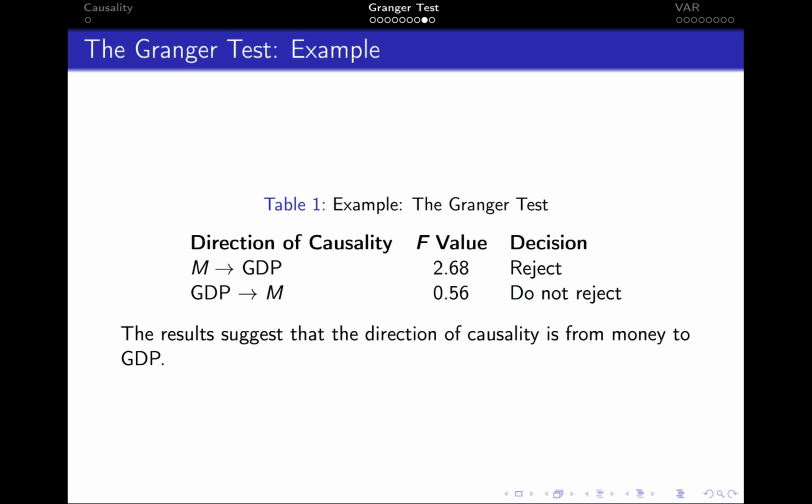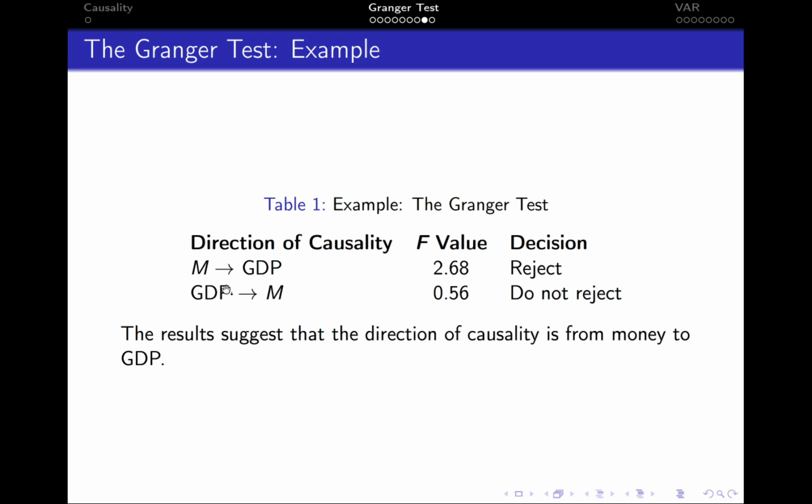And here on this slide, I have presented the estimation results for our example. From these results, you can see that the F value for the direction of causality from M to GDP is 2.68. In this case, we reject the null hypothesis that the coefficients are simultaneously equal to 0, which means that they are not equal to 0.